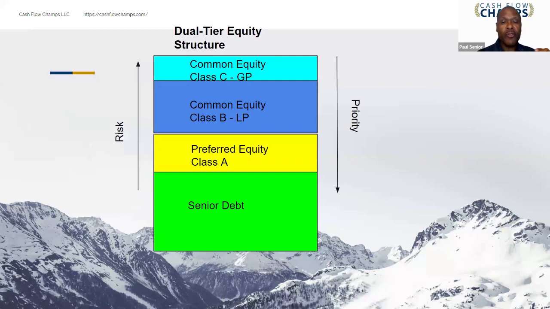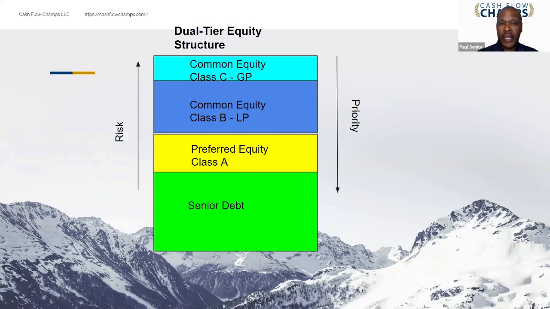So the benefit of the preferred return is to protect the passive investor, right? I would suggest the passive investor should make this a requirement for the deal that they invest in, where as a passive investor, you get the first set of cash flow coming off the deal once your debt service is taken care of, right?